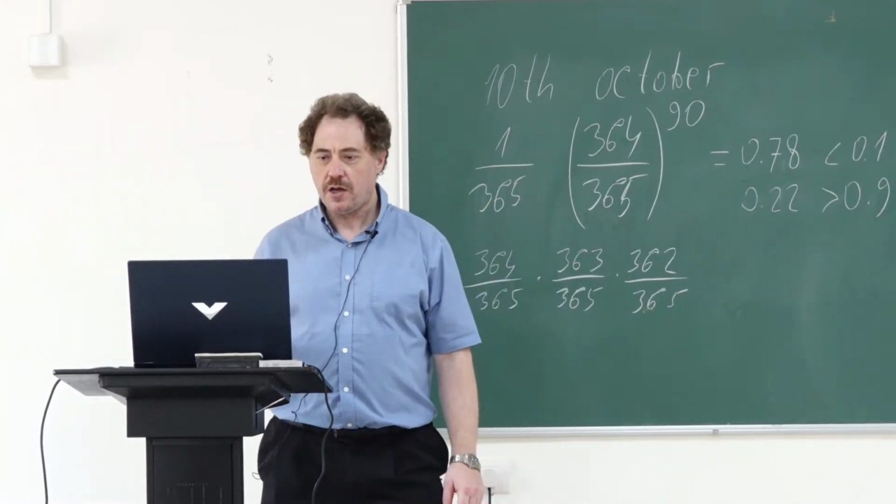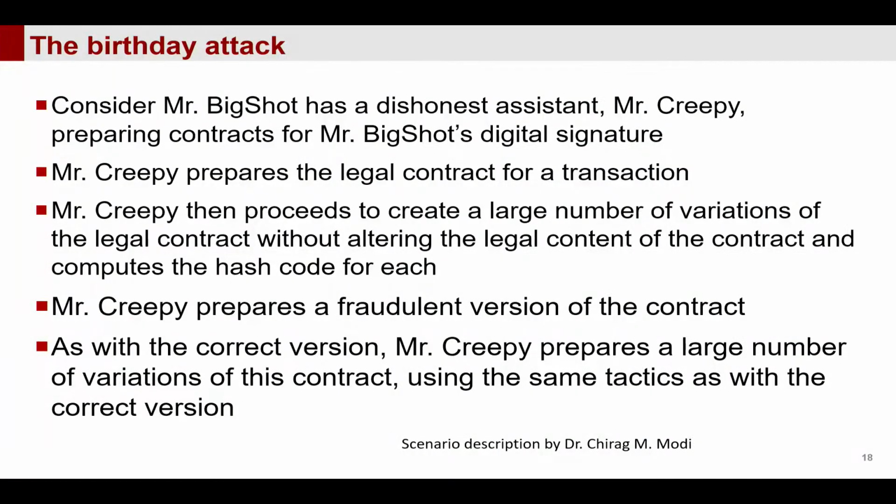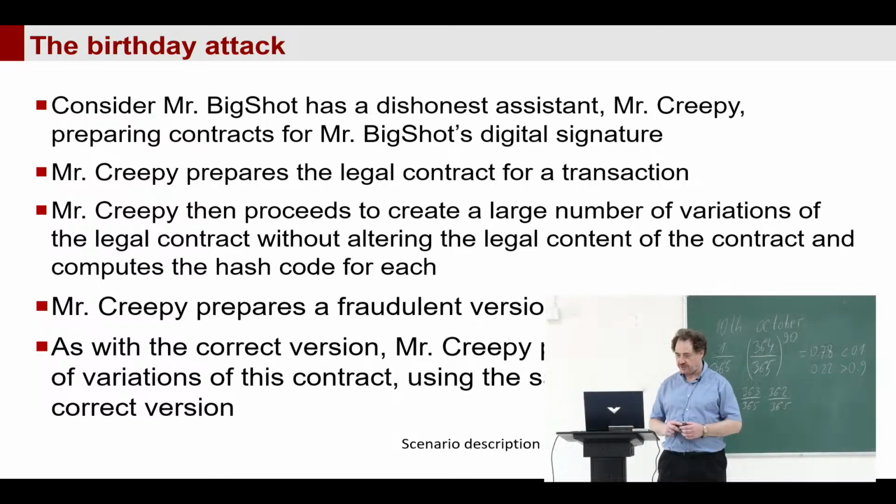All right, now, how do we exploit the strong collision? Let's consider that Mr. Big Shot has a dishonest assistant called Mr. Creepy, who would be preparing contracts for Mr. Big Shot's digital signature.